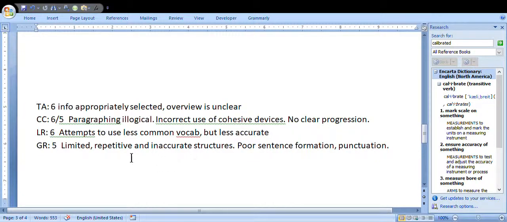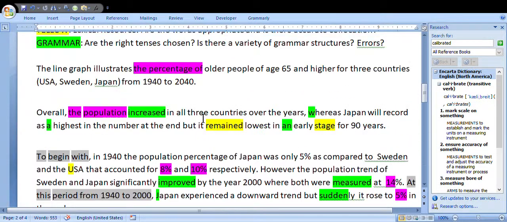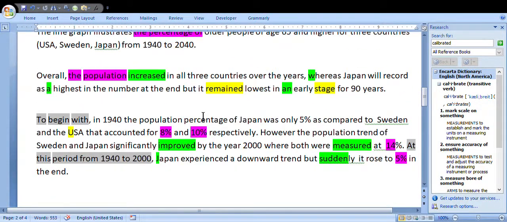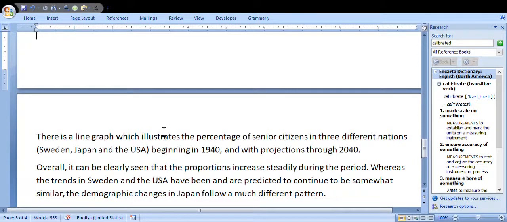It's going to hurt a lot. And then repeating structures. We noted... And then up here, repetitive. I fixed it already, but have been improved, have increased. So I'm looking at a 5.